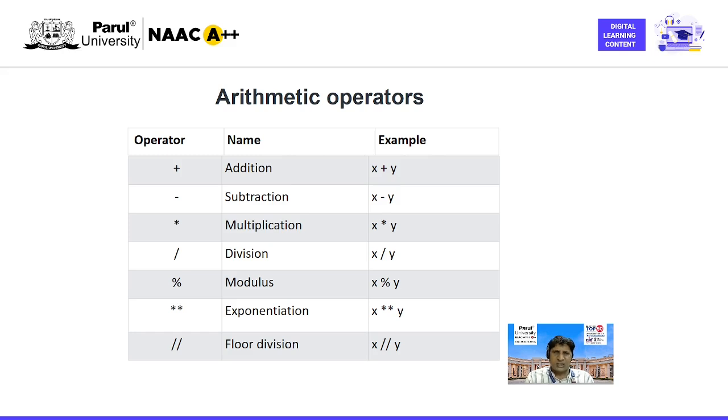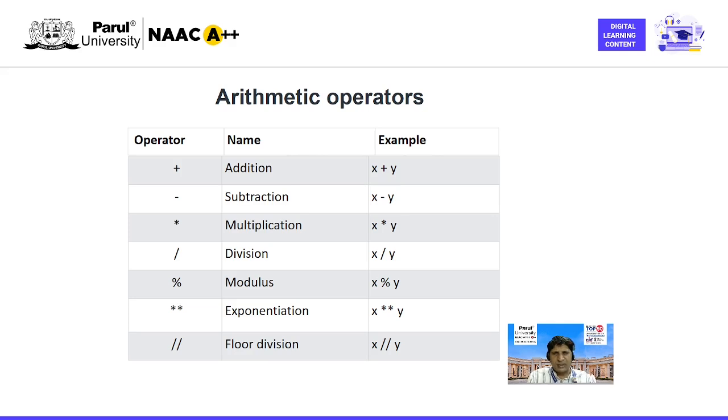And exponent means power, like 2 to the power 3. Suppose you want to calculate 2 to the power 3, then you can say 2 exponent 3, that is x to the power y. You can see it here in the example.